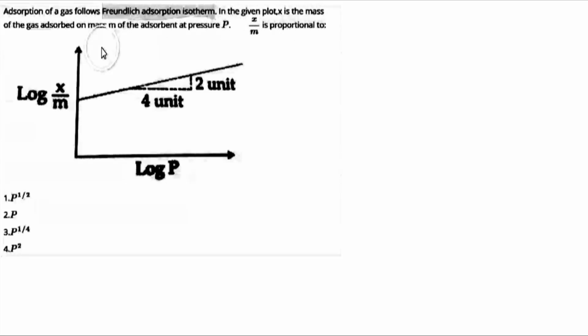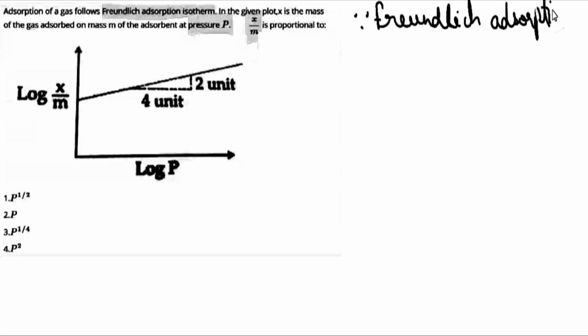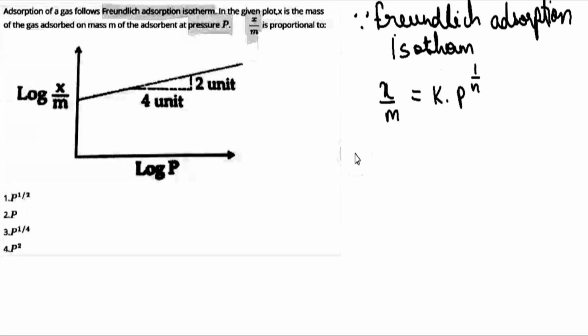In the given plot, x is the mass of the gas adsorbed on mass m of an adsorbent at pressure P. x by m is proportional to what is asked here. We know that Freundlich's adsorption isotherm is x by m equals K times P to the power 1 by n.